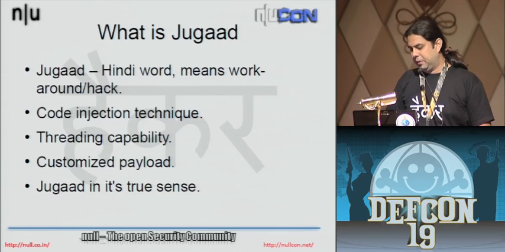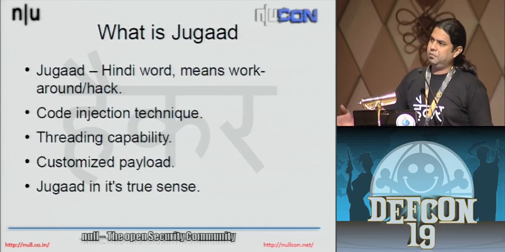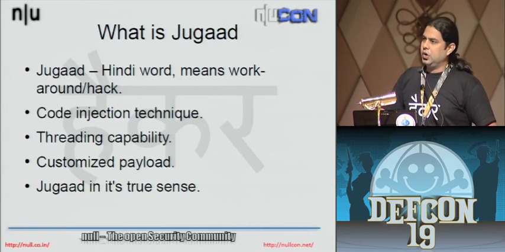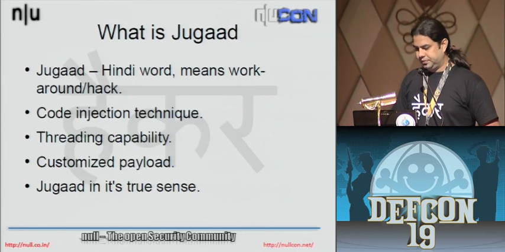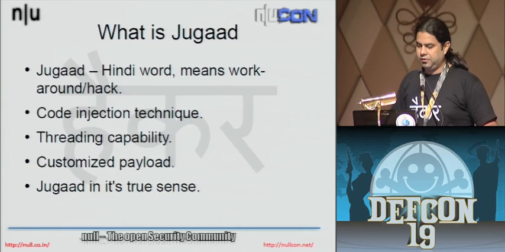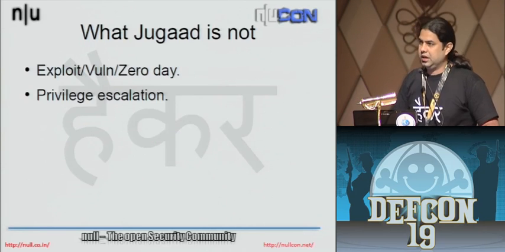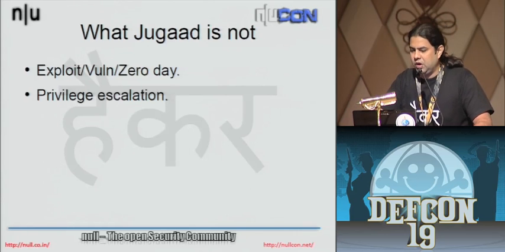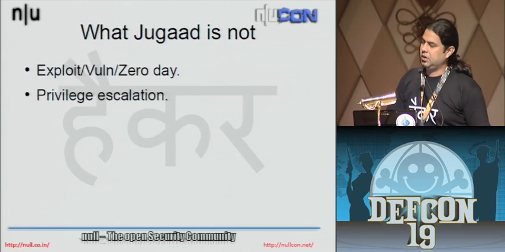I started looking at it from the point of view of Windows malware, where Windows already provides you an API where you can remotely inject code inside another process, but it's not there in Linux or other Unix platforms. Okay, so what it is not: it's not an exploit. I won't even call it a vulnerability because it is one of the features provided by Unix operating systems.